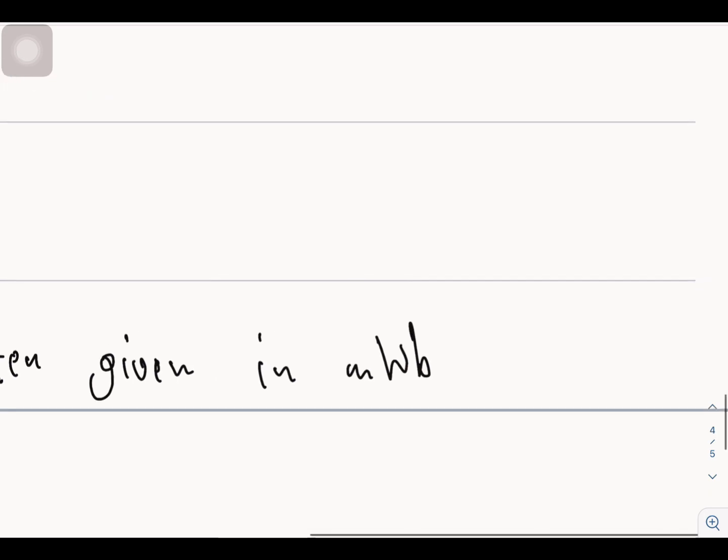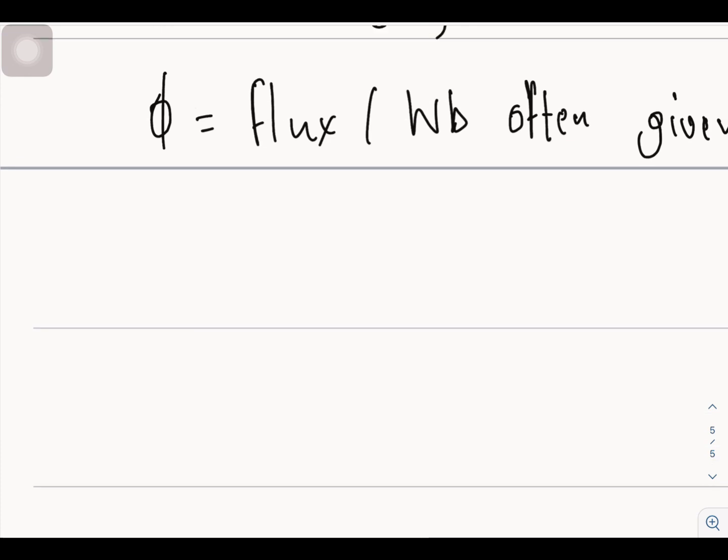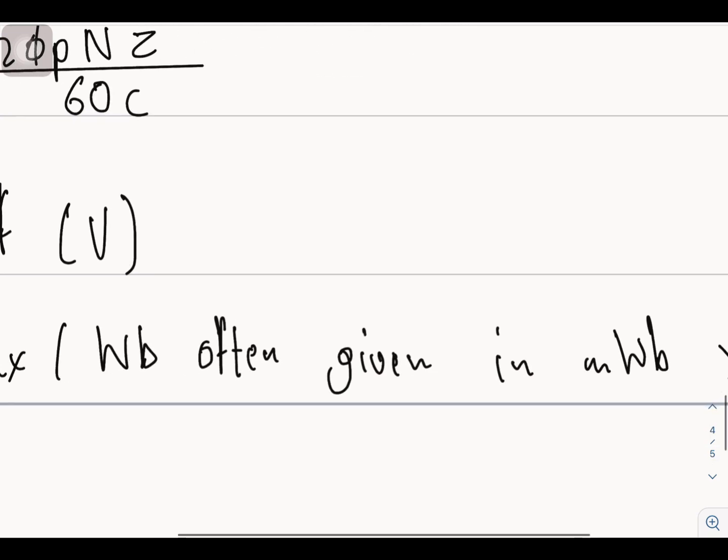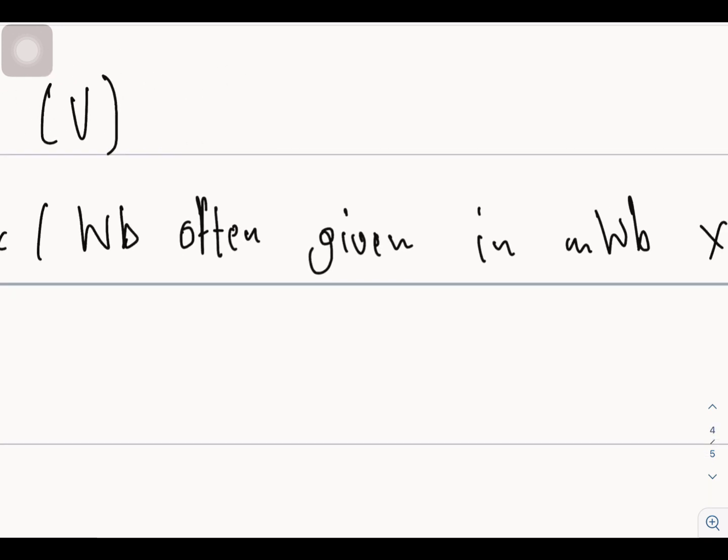That is why most of the time you have to use scientific notation, 10 to the power of -3. The value is often very small, such that it's in milliwebers.